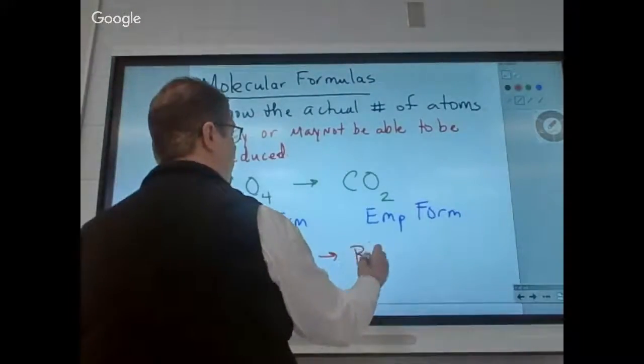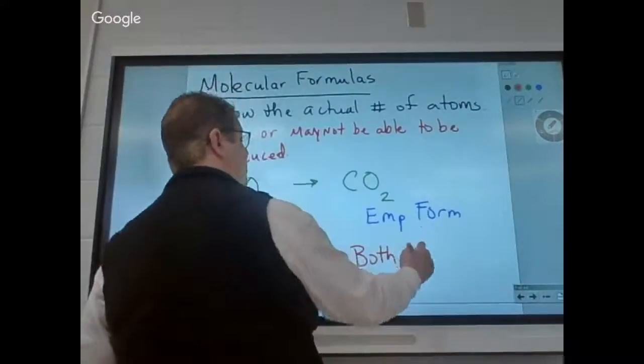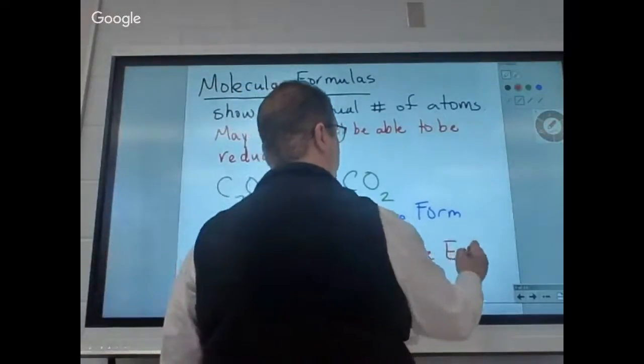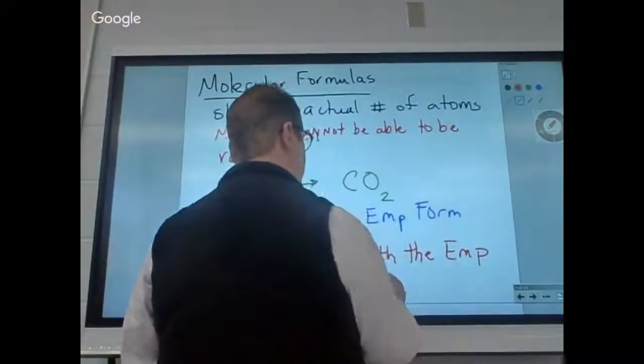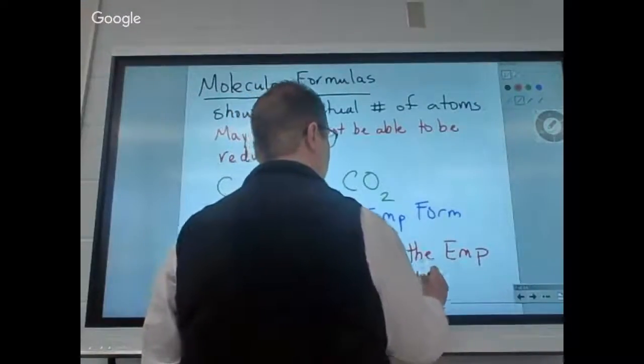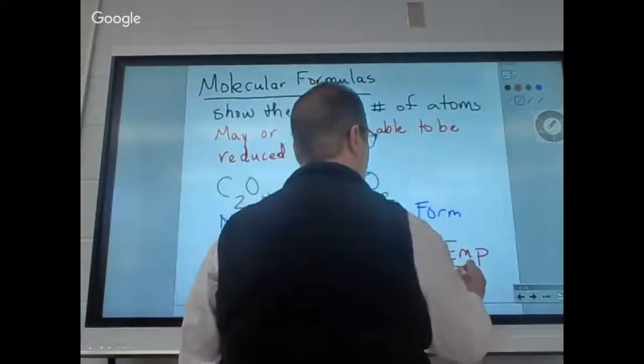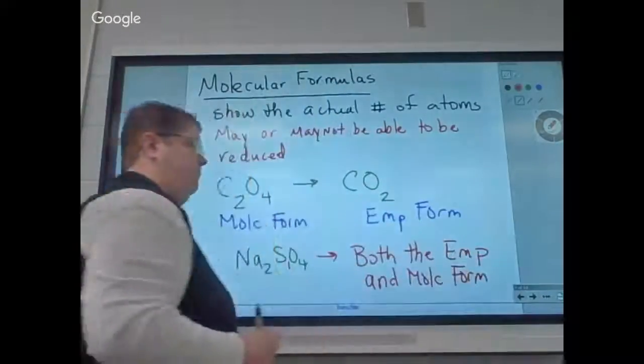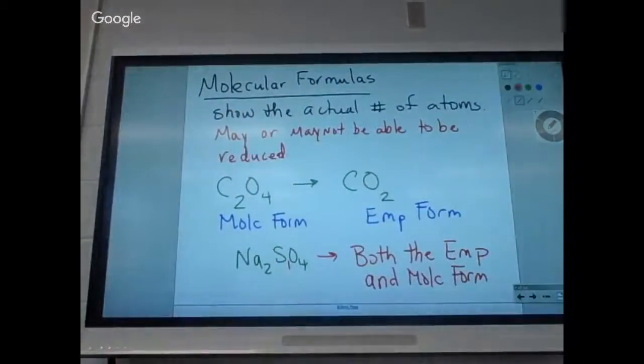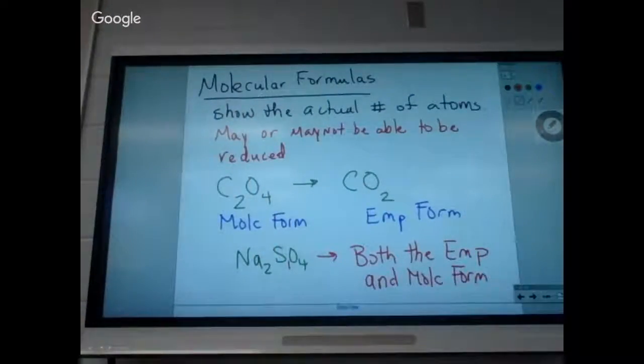So this one is both the empirical and the molecular formula. Okay, that one cannot be reduced. It's already in lowest terms.